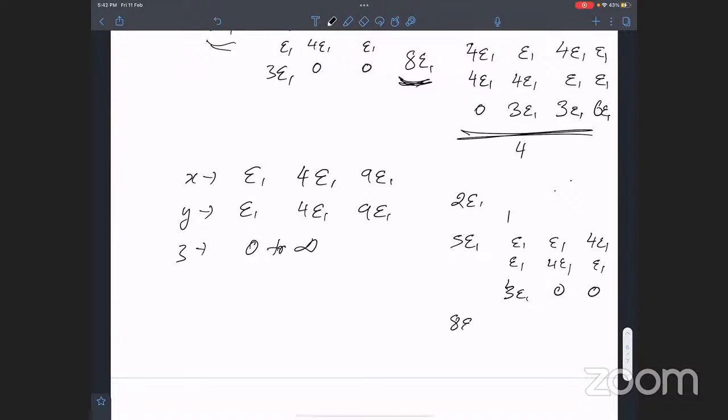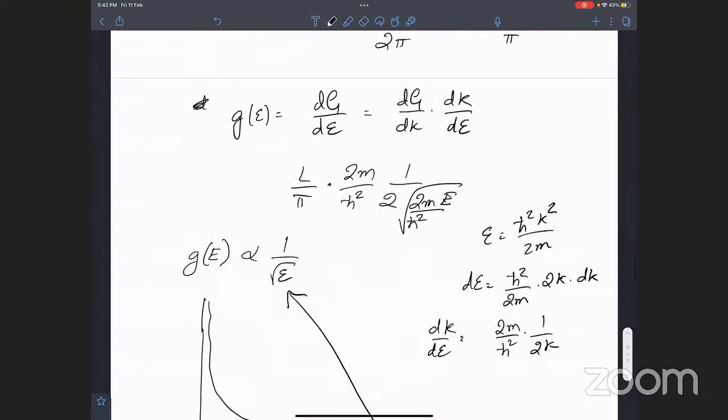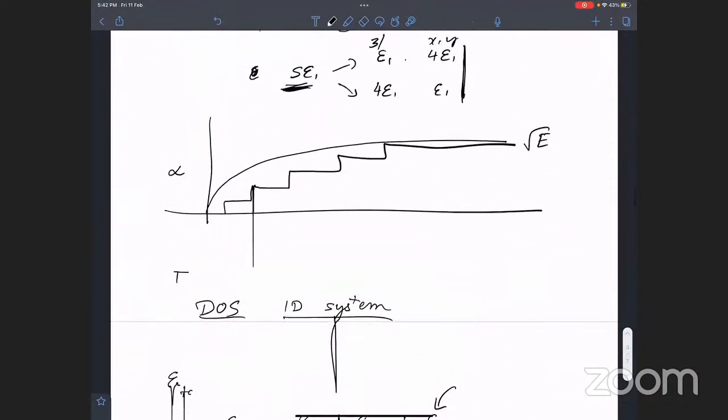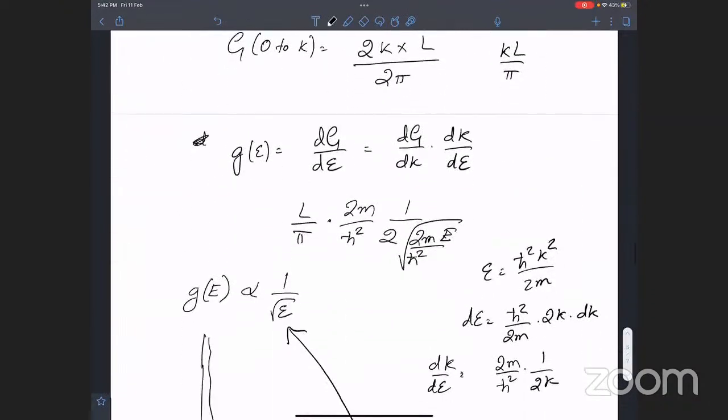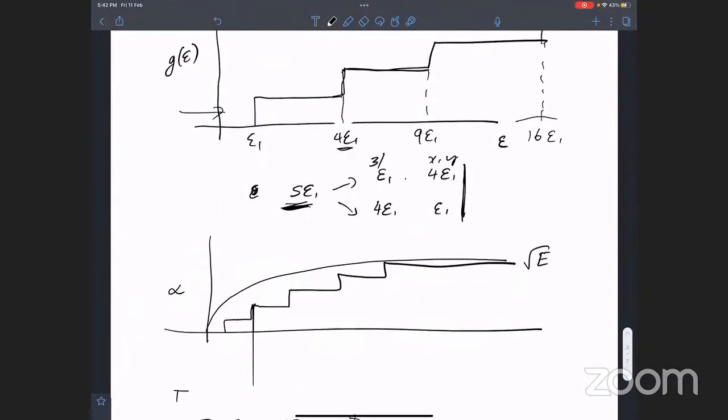Then I'm going to hit 4E1. There, as we found out, there are 4 ways of doing it. So like this, you can calculate this. Any questions about these density of states calculations? These are very standard. You can find this in any book.